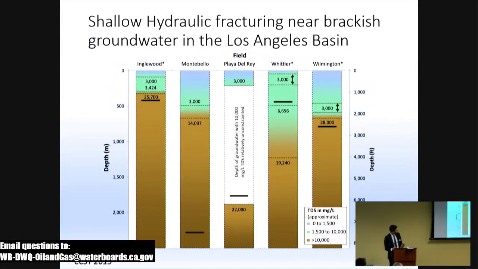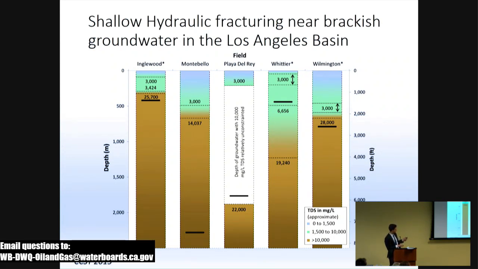In the case of the Los Angeles Basin, this is from the Los Angeles Basin case study chapter in particular, I wanted to walk you through this figure, which is where the data behind the statement of shallow hydraulic fracturing near or in water which should be protected comes from.